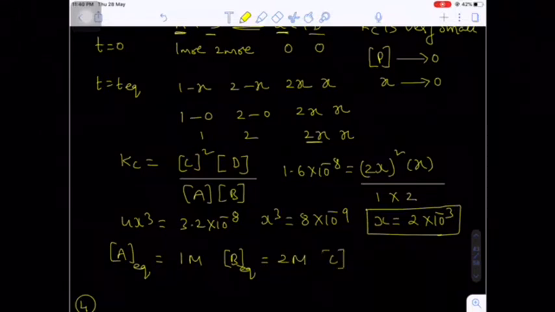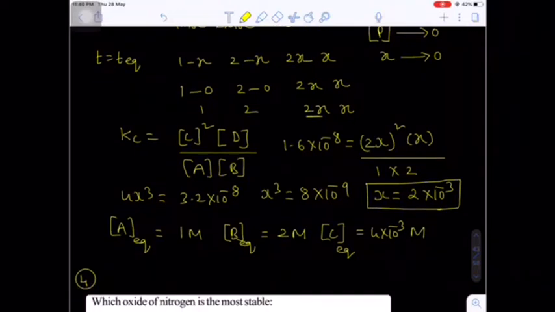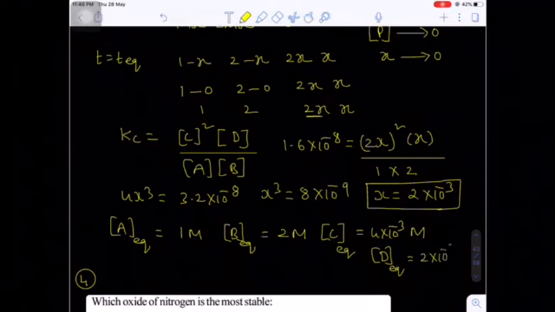Now what about the concentration of C at equilibrium? That is 2x. 2 into, what is the x value? 2 into 10 raised to minus 3. So 4 into 10 raised to minus 3 moles per liter. And one more, what is the concentration of D at equilibrium? X. That is 2 into 10 raised to minus 3 moles per liter. Are you getting my point?